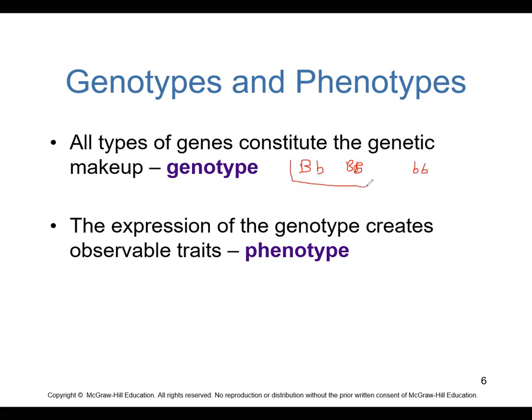There are three different genotypes in there, because you have a dominant and recessive, two dominants, or two recessives in this particular trait we're talking about. Then the phenotype is the actual expression, whether they have the brown eyes or the blue eyes. Typical Mendelian genetics you learned about in high school, most likely.